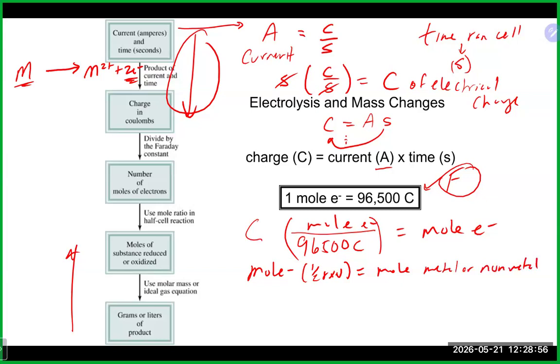So you can use the half reaction to go from moles of electrons to moles of either the metal or the non-metal. Once you have the moles of the metal or non-metal, you then convert it into grams because you have moles of everything, and you can figure out how many grams you would produce in a cell. Obviously, if I have moles and I want grams, I need the molar mass from the periodic table to do that conversion.